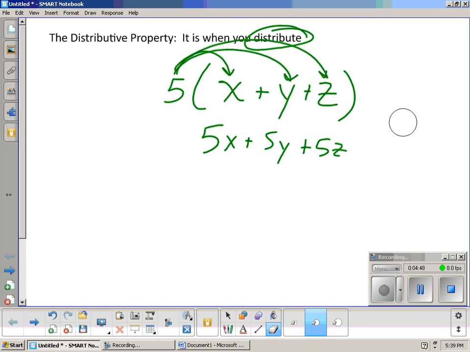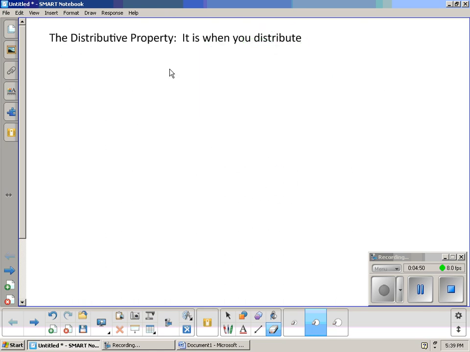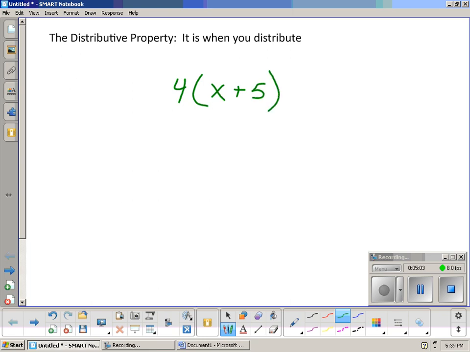All right. Another analogy that had been told to me that I like is if you had, say, 4 parentheses x plus 5. What this is saying is, and you can think of these parentheses as like a bag, okay? What this is saying is you have 4 bags, and in each bag you have an x and a 5, right?